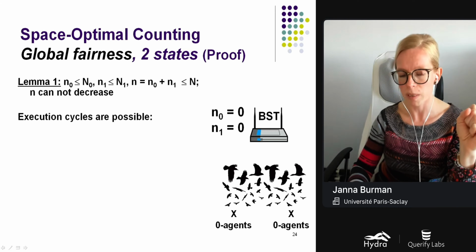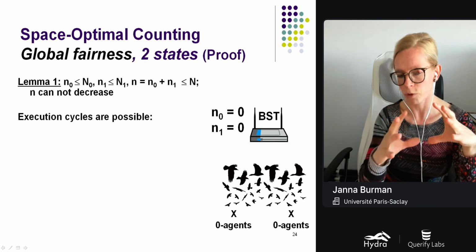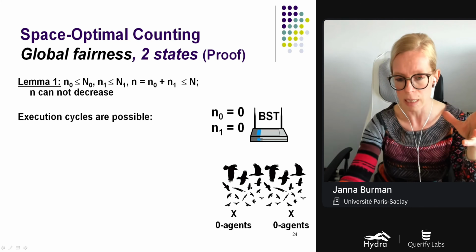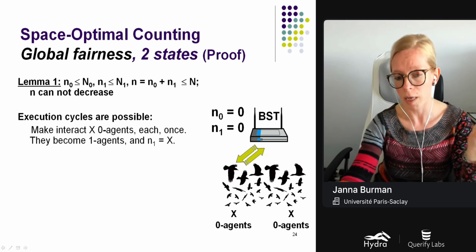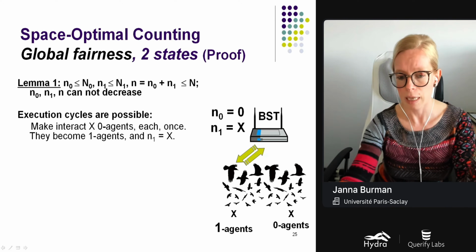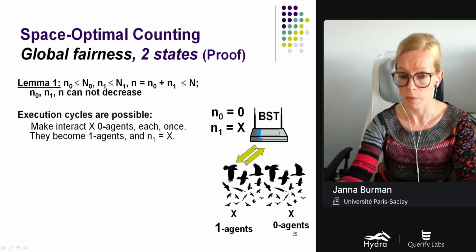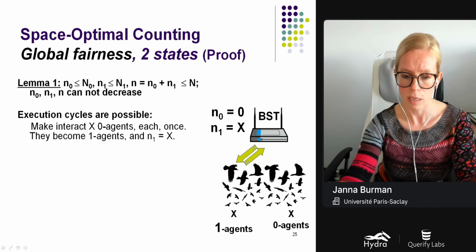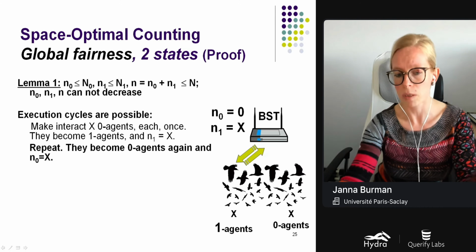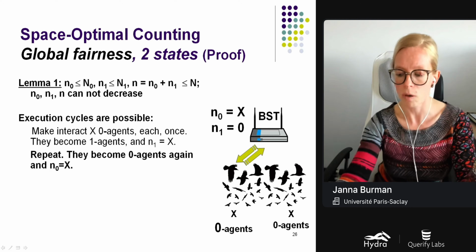Assume they all start from 0, and now the base station interacts only with half of the population, a subpopulation of size x, and it meets these agents one by one, and they move to state 1, and so the n1 counter becomes x. We have seen x agents, this is good, but we can continue to see them again, and we move them to 0. Now n0 becomes x and n1 becomes 0.